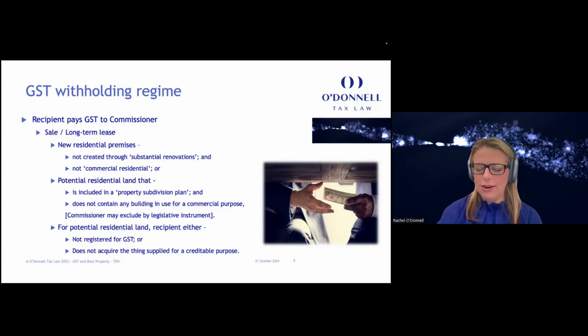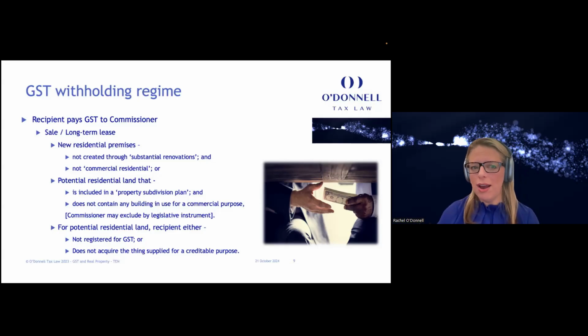So what that's getting at is if you've got an entity that is required to be registered but is not actually registered, then you're still within these provisions. But if you have someone that is actually registered and is acquiring the land for a creditable purpose, where they'll be entitled to an input tax credit, then this withholding provision doesn't apply.